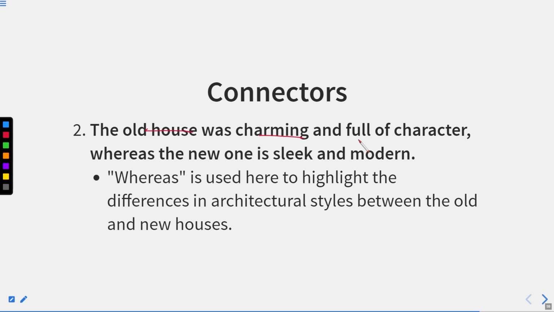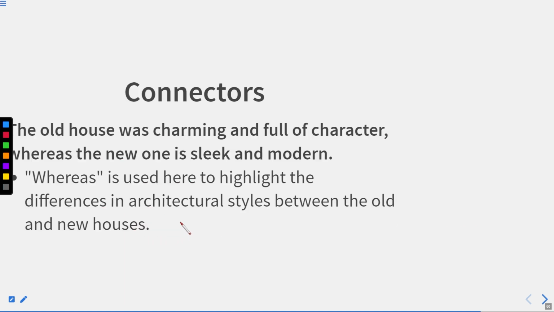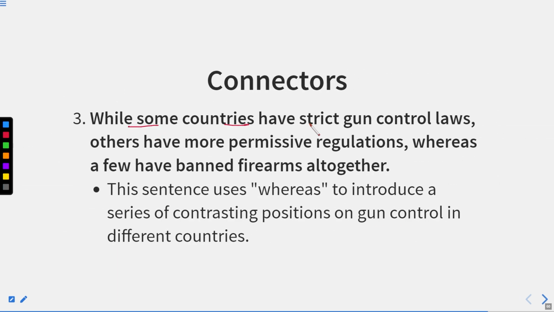The old house was charming and full of character, whereas the new one is sleek and modern. Whereas is used here to highlight the differences in architectural styles between the old and the new ones. While some countries have strict gun control laws, others have more permissive regulations, whereas a few have banned firearms altogether.